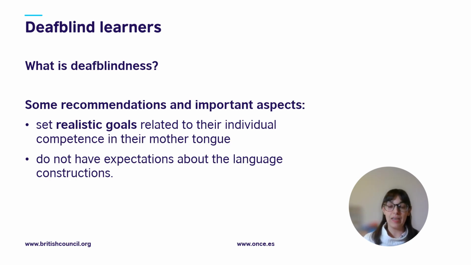So here you've got some recommendations, an important aspect to know when we teach deafblind students. In this case, I have always said during this session the importance of setting realistic goals. We cannot ask our students for more than in their mother tongue, and in this situation it's even more important to take this into account.